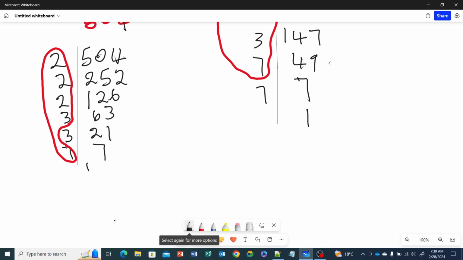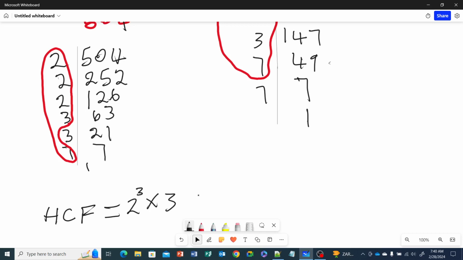Now the highest common factor will be 2 to the thirds, because we have 2 times 2 times 2, times 3, then times a 7.